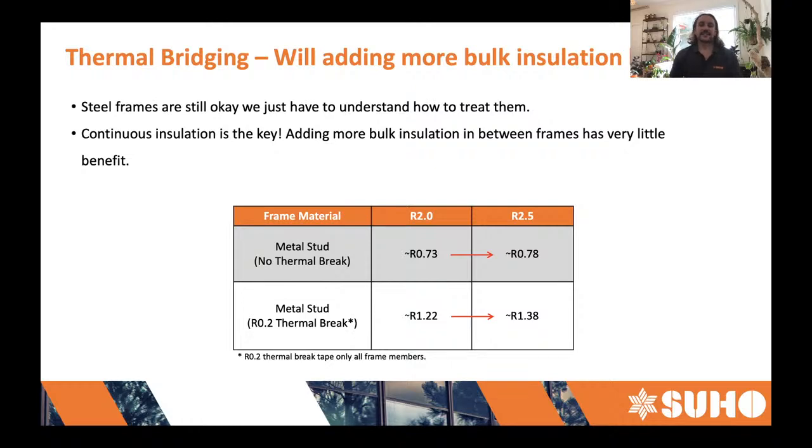That's completely understandable from a transport point of view, but from a how-the-fabric-is-performing point of view, for energy efficiency, you can see that the only way to really increase that R value is to start adding thermal breaks, or even better, continuous insulation.